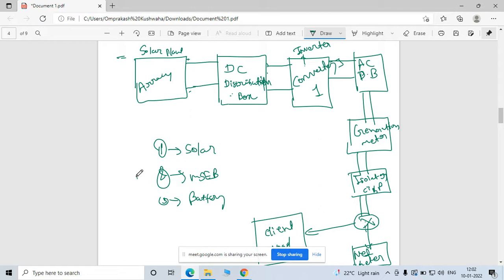This can vary from consumer to consumer, but they must set the first priority to solar.